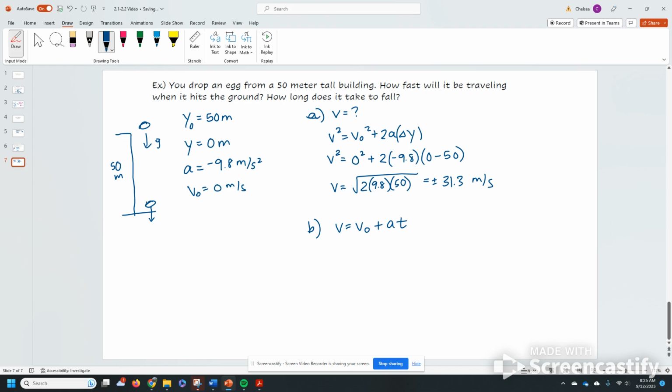Look at the scenario to figure out if it's plus or minus. It's going to be a negative 31.3. So negative 31.3 equals 0 plus negative 9.8 times t. So 31.3 divided by 9.8 gives us about 3.2 seconds.